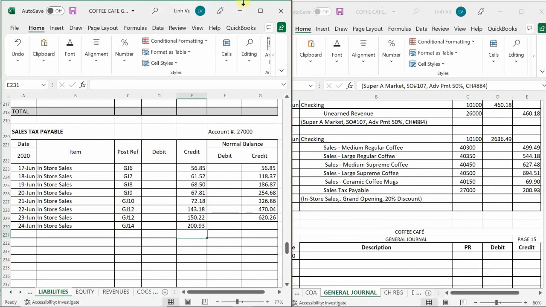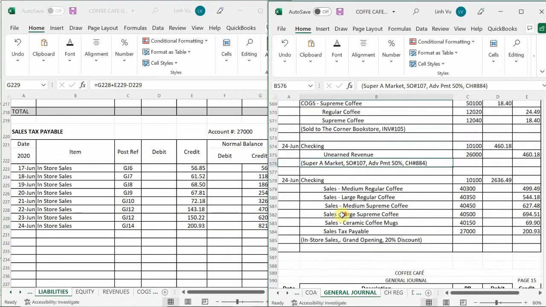So that should give me a grand total of $821.19 that we've collected so far for the government. Okay.